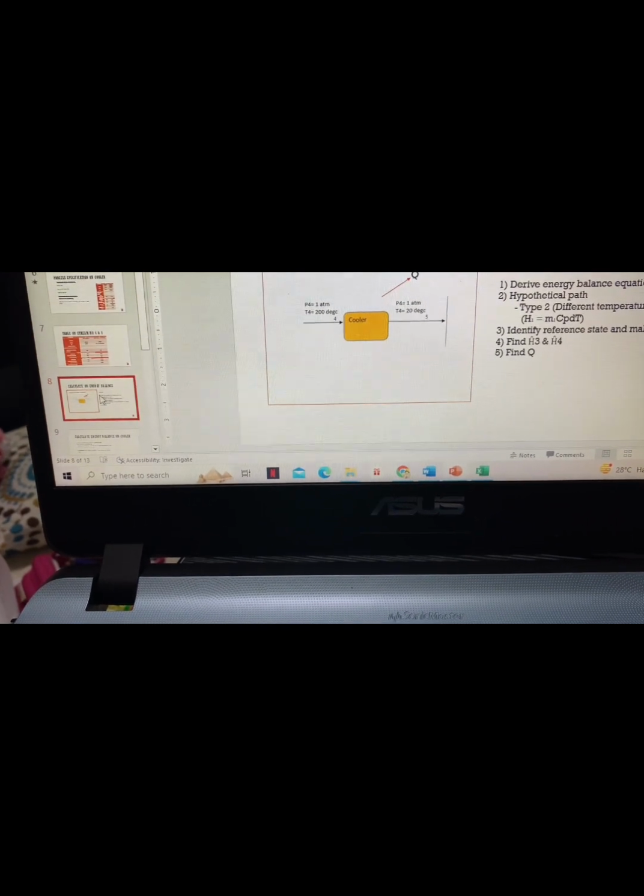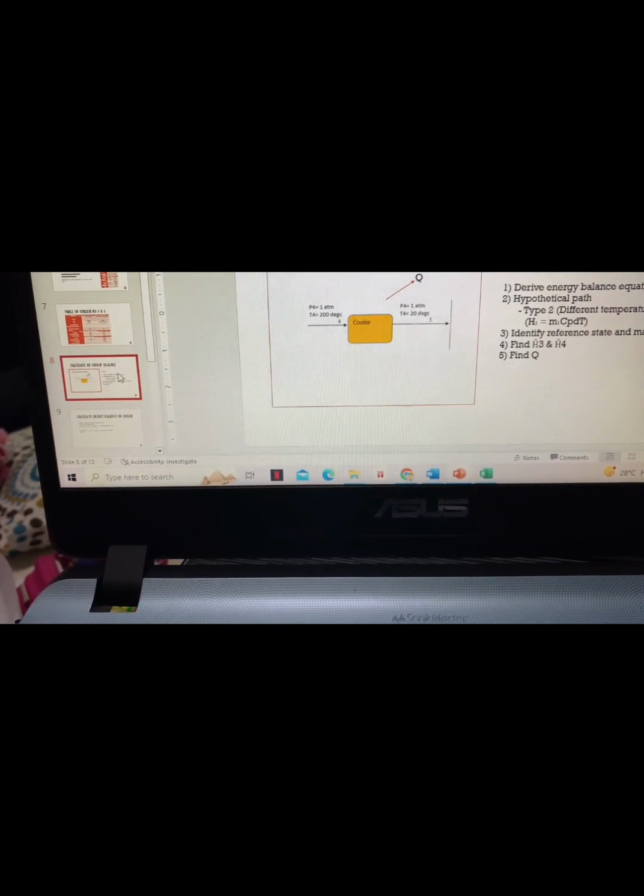For the energy balance, since it's only a different temperature, it's type 2, so we only use CpdT. For H1 and H2 we already have from the reactor, so we just want to get H3 and H4.